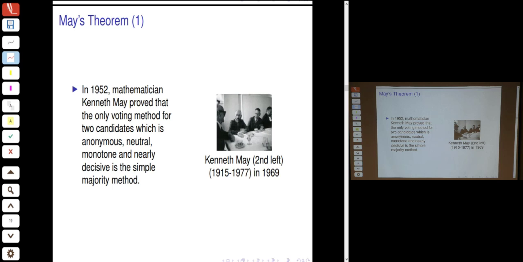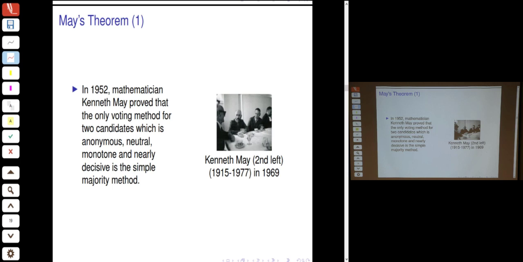If there is a tie, then there can be controversies and problems. So it's better that the rules are such that there is always a winner. The first three qualities of anonymity, neutrality, and monotonicity are really very important and indispensable, and simple majority has all of them. The fourth one is decisiveness, which we also would like to have.